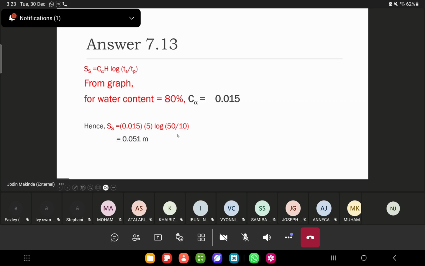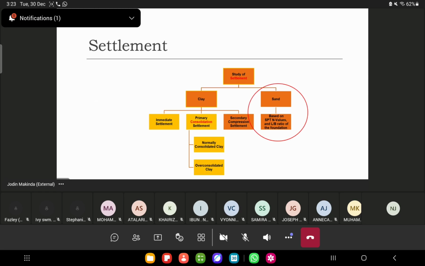Therefore, from year 10 until year 50, the secondary compression Ss is 0.051. So this is pretty easy. It's quite straightforward. You use the equation, and in the equation, the most important part is the coefficient of secondary compression, which is obtained from the natural water content.